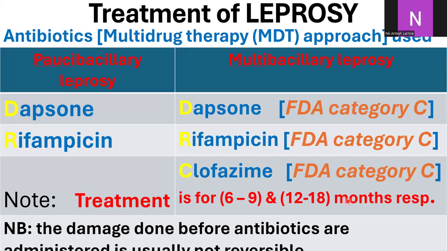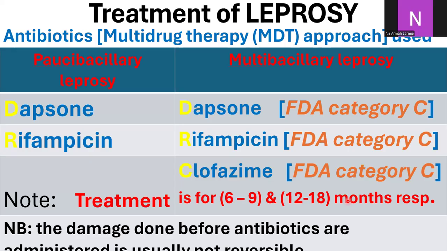So if you take paucibacillary leprosy, 2 antibiotics are used for management: dapsone and rifampicin, the same rifampicin we saw in TB. So the same rule applies. Your patient should know that body fluid could be colored.